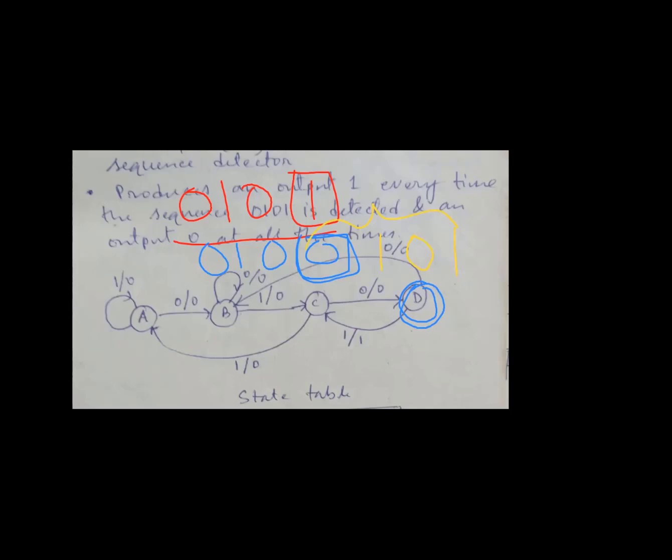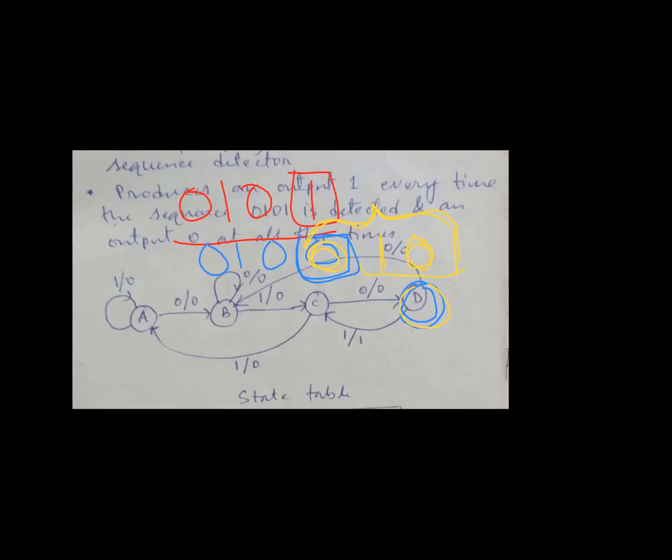When we are over D and input is 0, then after that, if we get 1, 0, 1, the sequence repeats 0, 1, 0, 1. That means for this 0, we should go back to a state from where we can get 1, 0, 1.